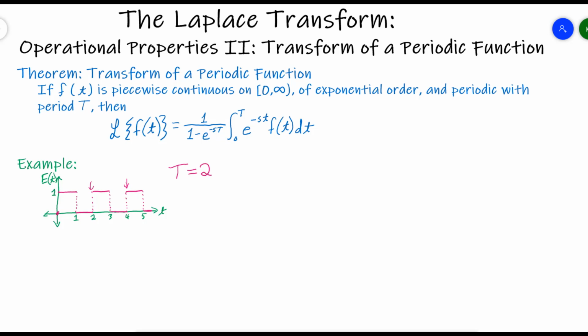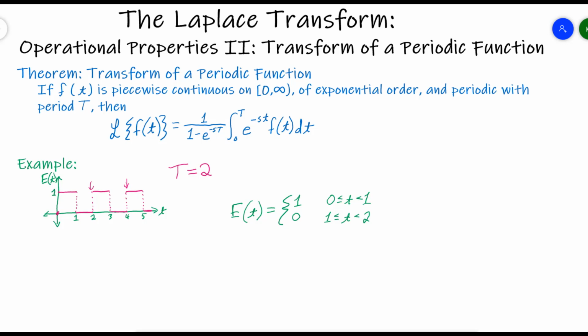So this is a square wave, has period 2, and it fits everything I need. It's of exponential order, it's periodic, it's piecewise continuous on 0 to infinity. So I can actually write this as a piecewise function. f of t equals 1 and 0: it's 1 from 0 up until 1, and then from 1 until 2, it's 0.